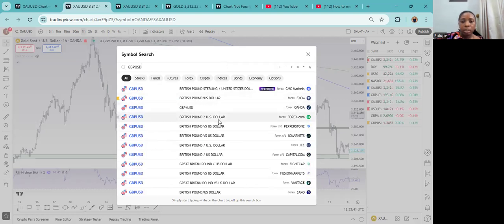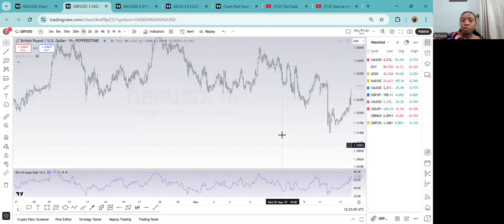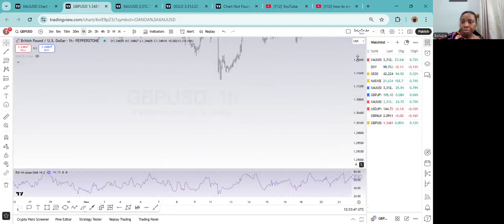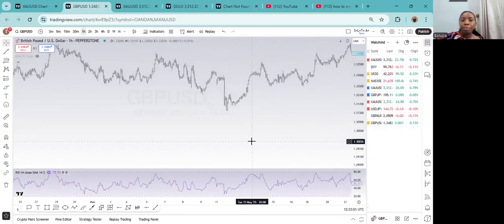GBP USD. So what is a break of structure? A break of structure is when price goes past a previous structure. So what we mean by breaking the structure means it broke the level that it was forming before.